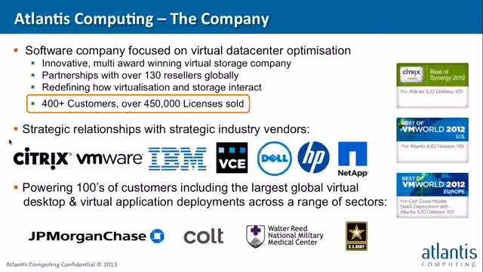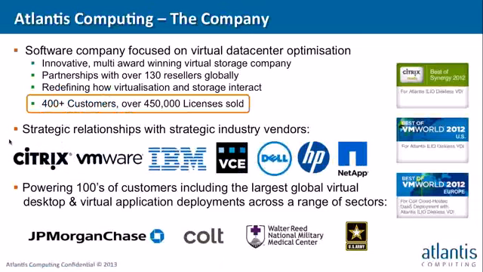So just a bit of background around Atlantis as a company. It's a software company focused on virtual data center optimization. Been around for the last 4 or 5 years, focusing very much on VDI, but now opening up into general virtual data center optimization. We've got about 400 customers globally, representing about 450,000 licenses.